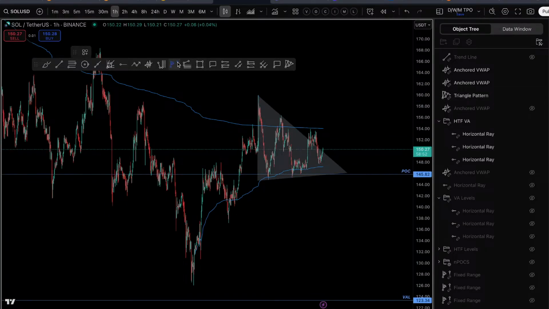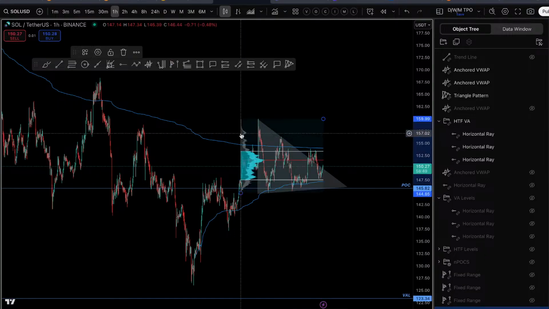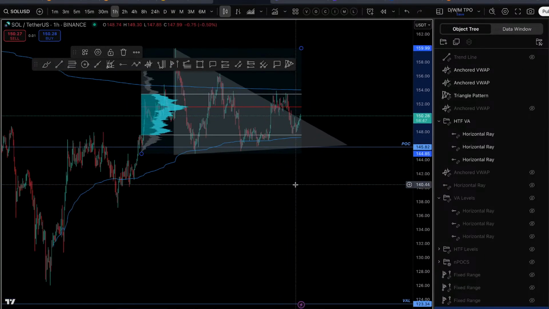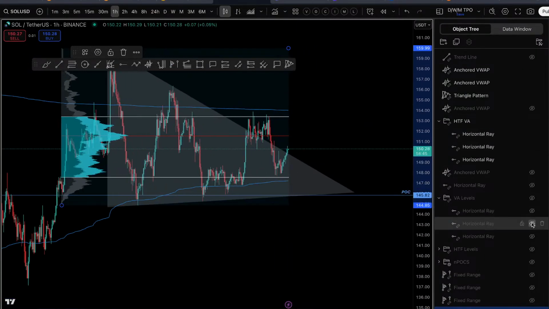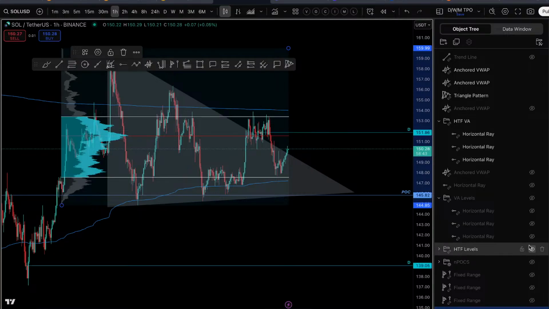Okay, how about we look at this? Where was that coming? Oh, okay. So this triangle range is also coinciding with the daily here, so this could be a scalp short, and profits can be taken early.